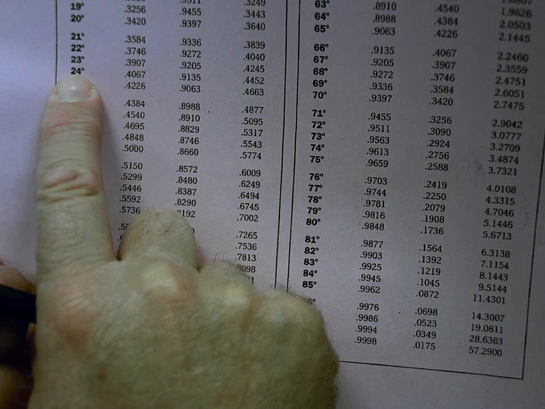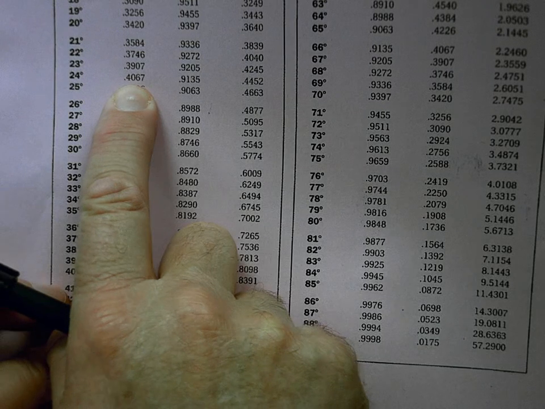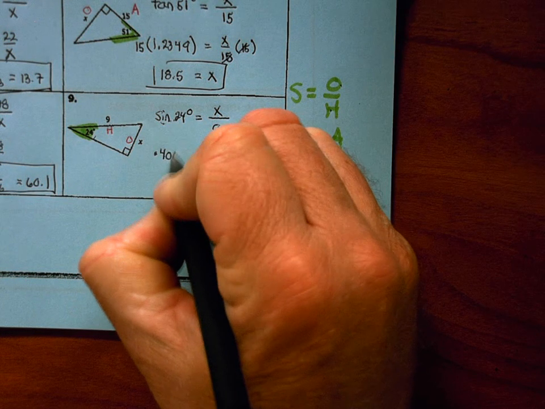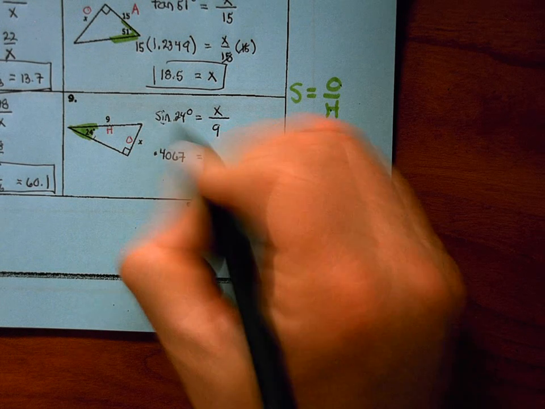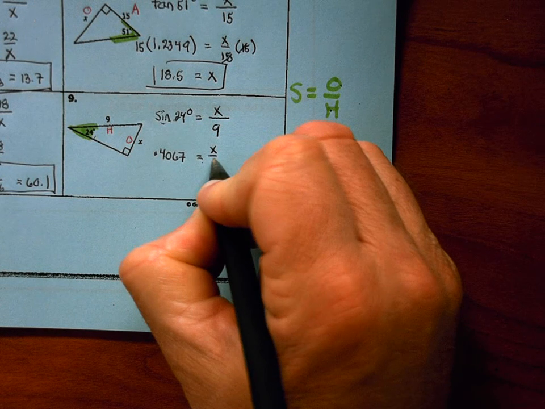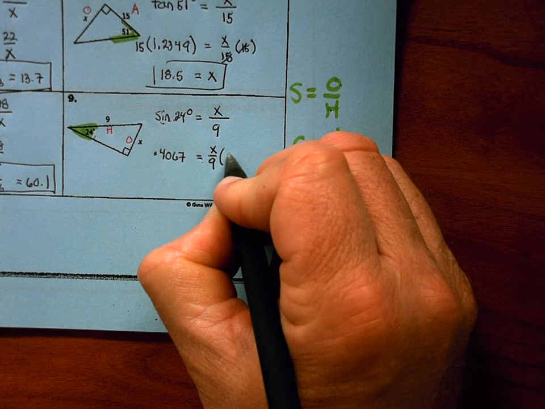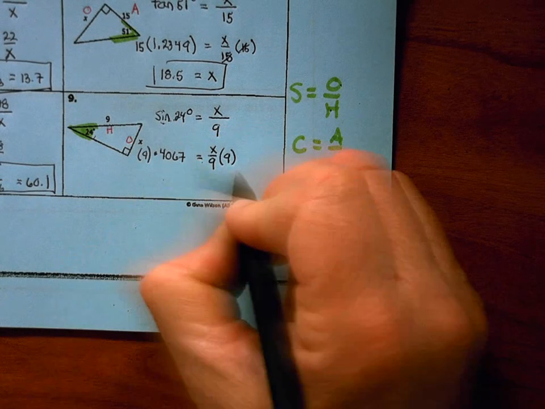And then we follow it over to the sine column, which is the first column. So 0.4067. So the decimal equivalent for the sine of a 24-degree angle is 0.4067. That's going to be equal to x over 9, and then we're going to solve this equation. The way I'm going to solve it is I'm simply going to multiply both sides of the equation by 9.